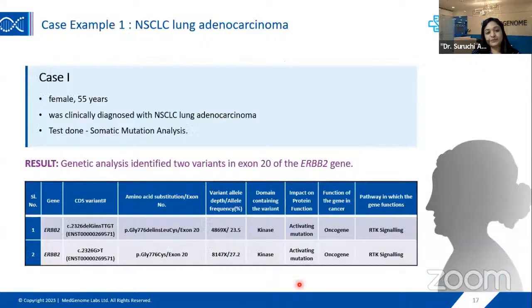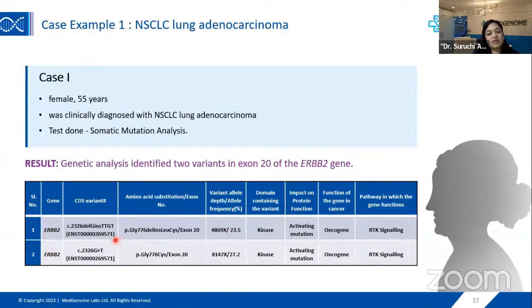So if we look at one case of a 55-year-old female, she was diagnosed with non-small cell lung adenocarcinoma, and an NGS panel was performed. And as you can see, when we perform an NGS panel, we can get multiple mutations in the same gene also.